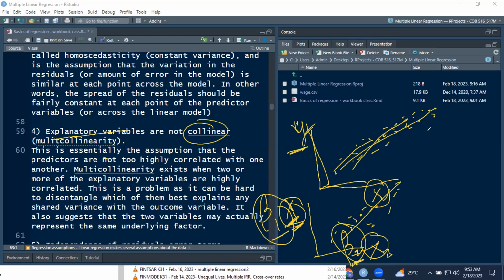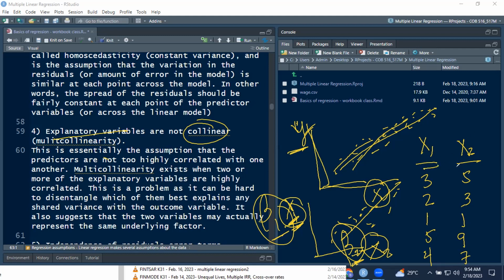Let me give you an example. Let's suppose x1 is, kunyari, 3, 2, 1, 5, 4, example, no? Tapos sa x2 will be 5, 3, 1, 9, 7. Okay, what do you notice about these two?